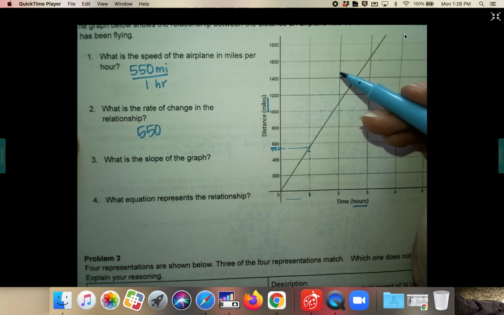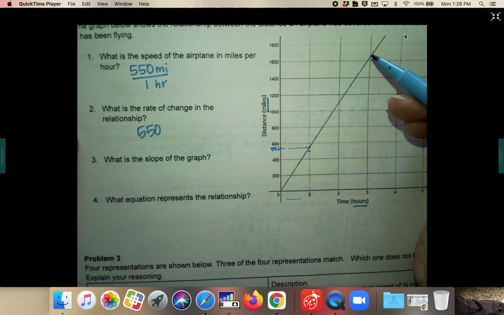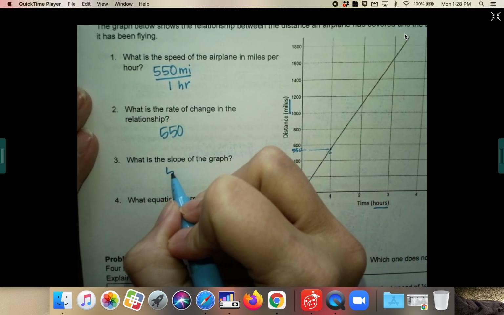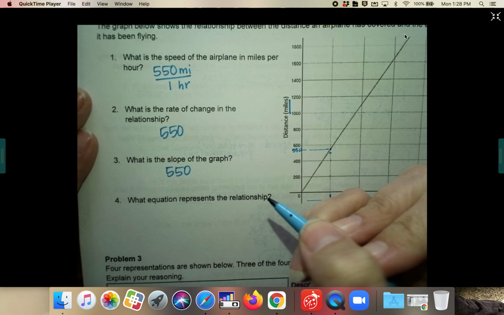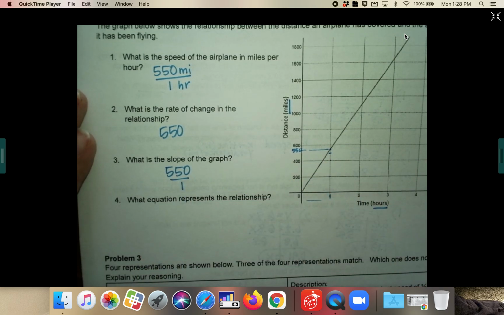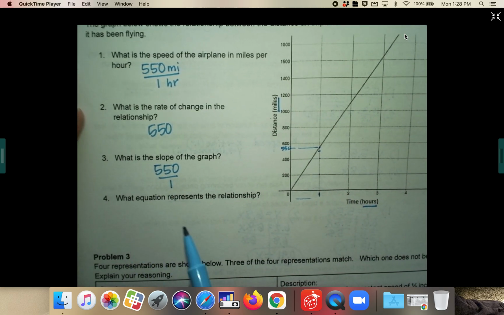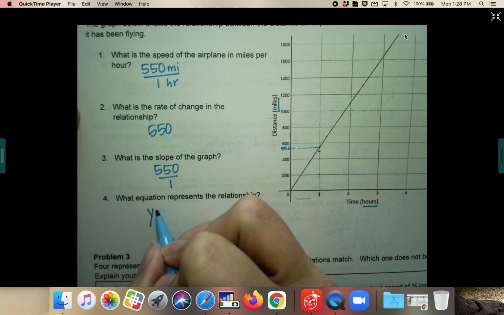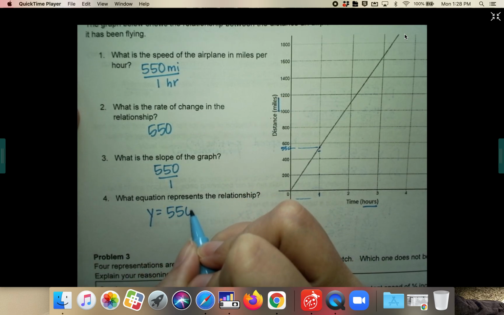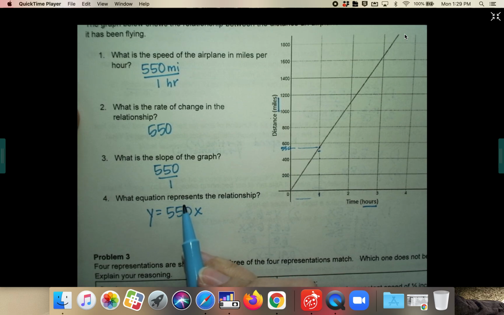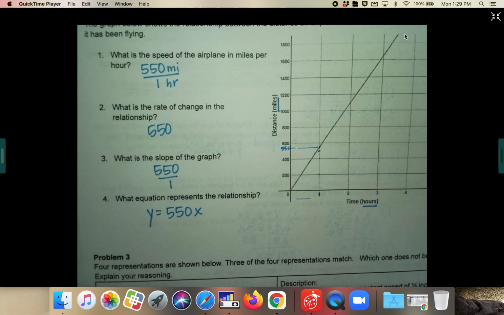I'd go up about 550 more and then over 1 more. And it would always land on our line. So the slope of the graph is actually 550 per 1, or just 550 is fine. And then what equation would this be? It would be y equals 550x, because this is the unit rate or the slope, same thing.